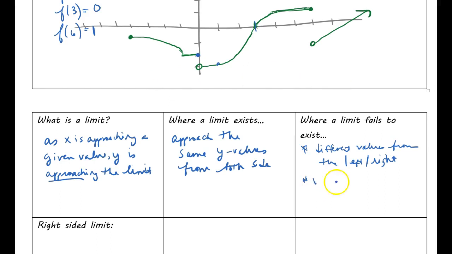Now, I'm not going to write vertical asymptote. What I'm actually going to write is unbounded behavior. Unbounded behavior is the technical way of saying that there's some sort of a vertical asymptote, and so you're approaching infinity or negative infinity, and it's all weird.